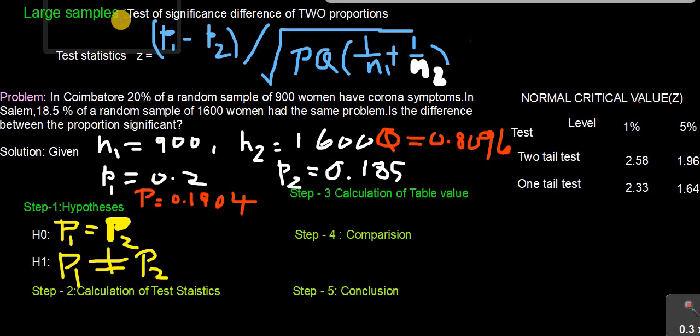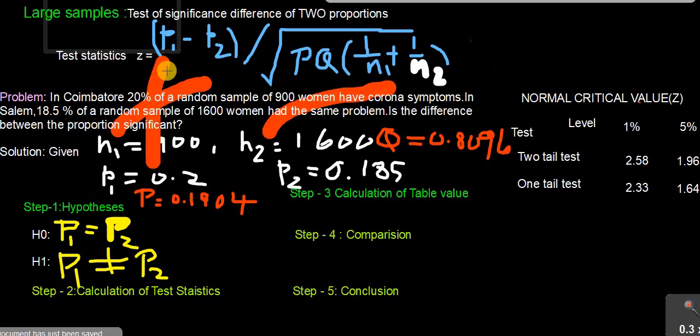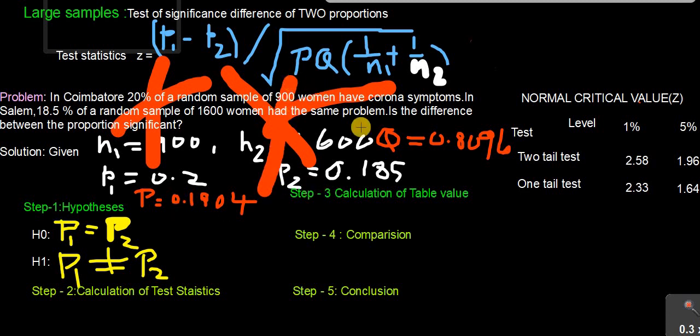So just take this, N1 you substitute here, N2 you substitute here, P1 you substitute there, P2 you substitute here, and capital P you substitute here, and capital Q you substitute here.